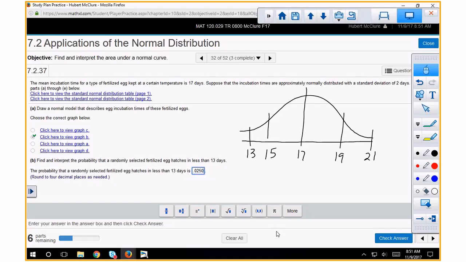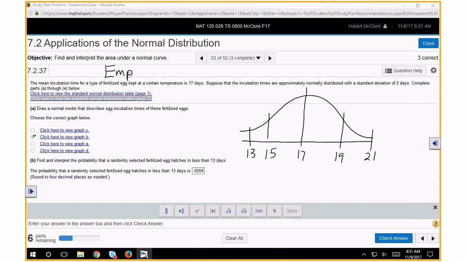Empirical rule. Yeah, that's why it helps to have these things copied, especially if you have the empirical rule already on it, because that's the only thing. You're not given any other information. So this question is basically an empirical rule question.